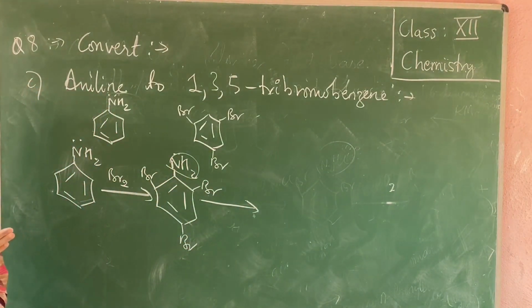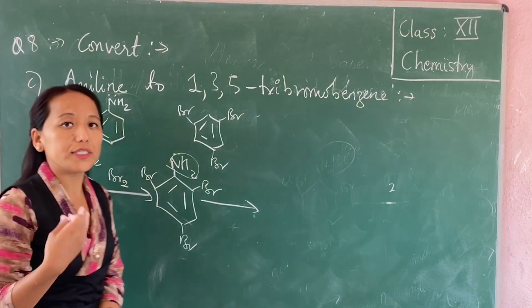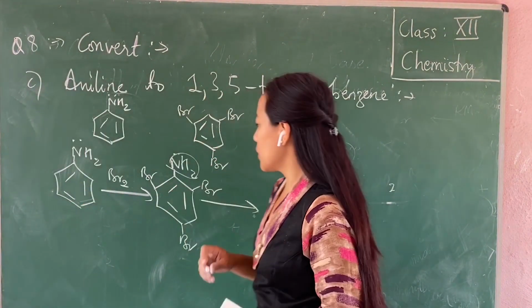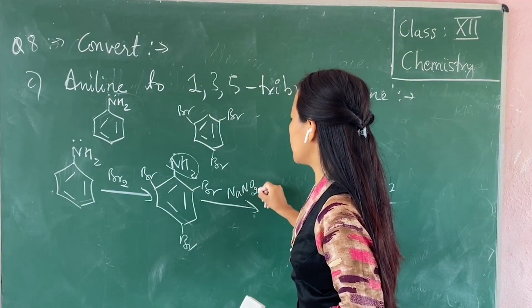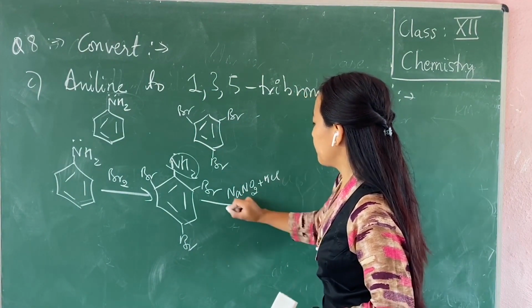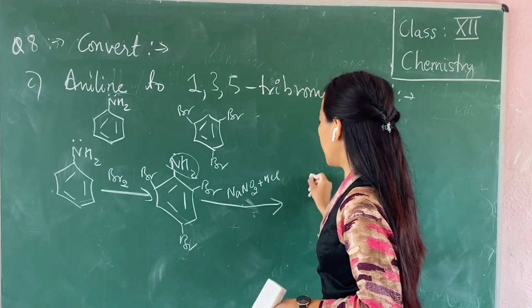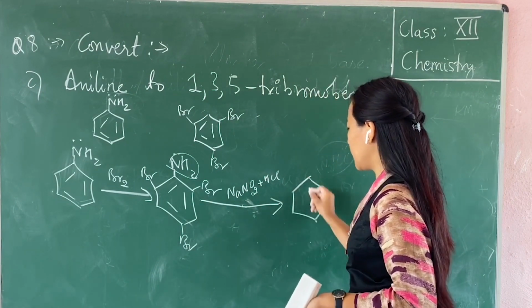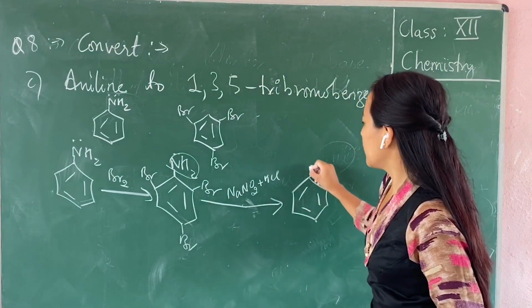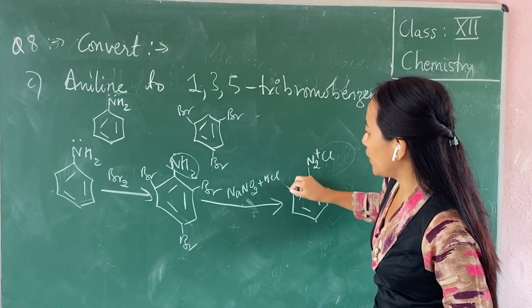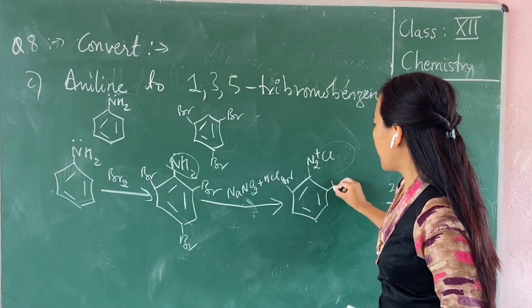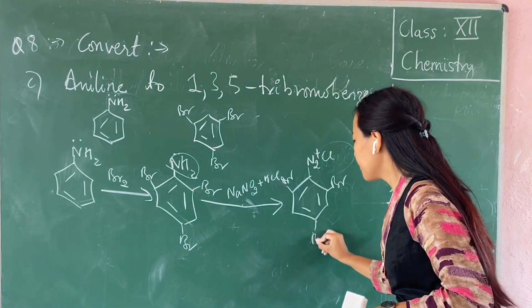For that, we cannot do it directly, so you have to convert NH2 to diazonium salt. So again, I'm going to treat it with diazotization reagent, that is NaNO2 plus HCl. And this gets converted to a diazonium salt, that is N2+ Cl-, and you have your bromine on the ortho and the para positions.